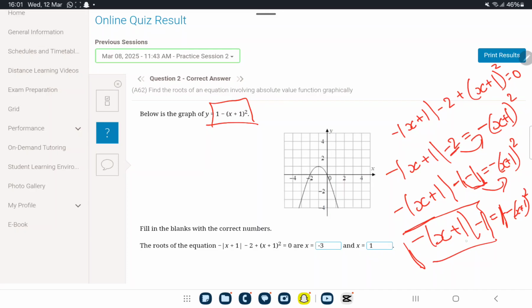This one is an absolute value equation, so its base is going to look like this one. And then you can do some transformations to it. Here it's a minus, so you flip it. And then it's plus 1, so you move it to this side by 1, and minus 1, so you move it down. So it's going to look something like this.